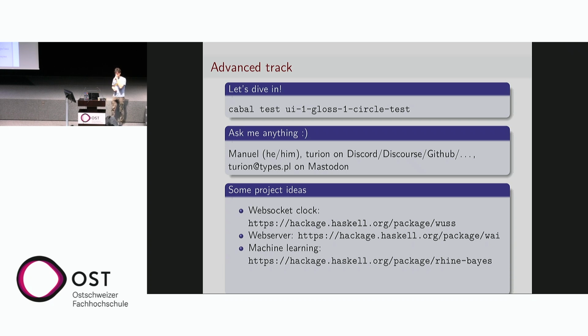Something that I didn't talk about at all: one of my major motivations to do FRP is actually to do machine learning in real time. There's another package that integrates Monad Bayes in Rhine, and you can do some basic machine learning with it, particle filters and some stochastic process modeling, and you can build a physical system, simulate it, and try to estimate the state of some stochastic system.